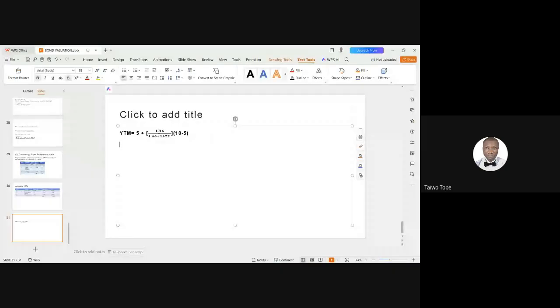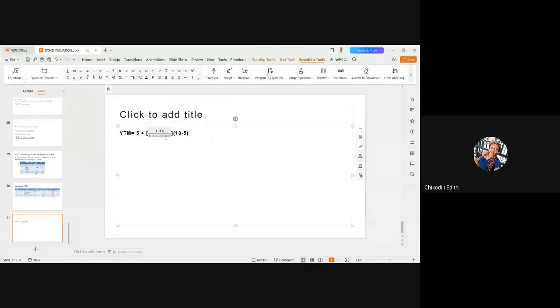Take note, board mass. 1.46 plus 14.72. You have 16.18. Then 1.46 divided by 16.18 will give you 0.0902.